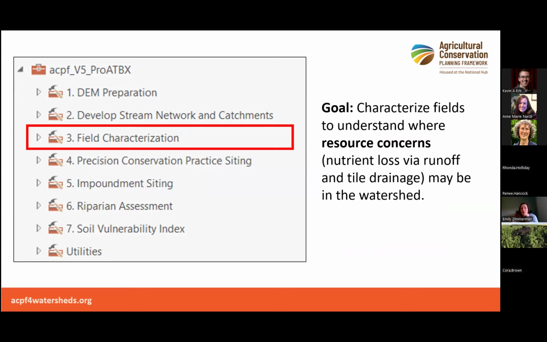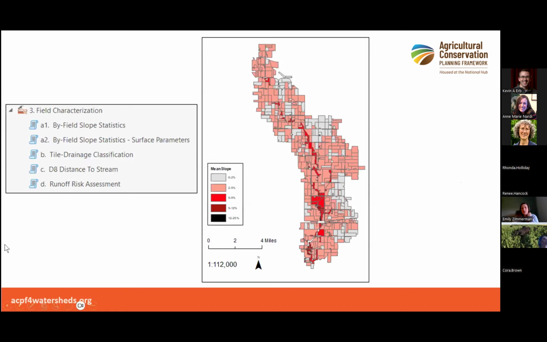So again, the goal of step number 3 is to really understand where those resource concerns might exist within the watershed, mostly at the field scale. So this is one of the results of the first step in field characterization. So the first thing that the GIS technician is going to do is look at by-field slope statistics.